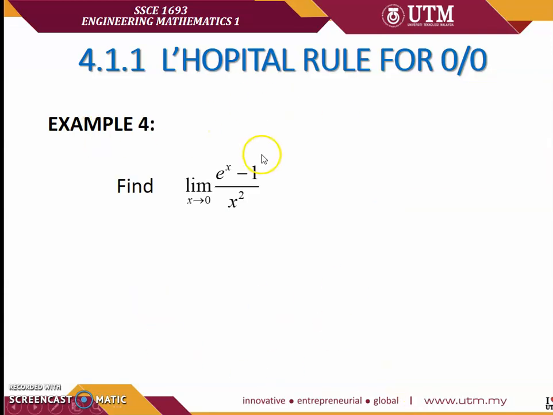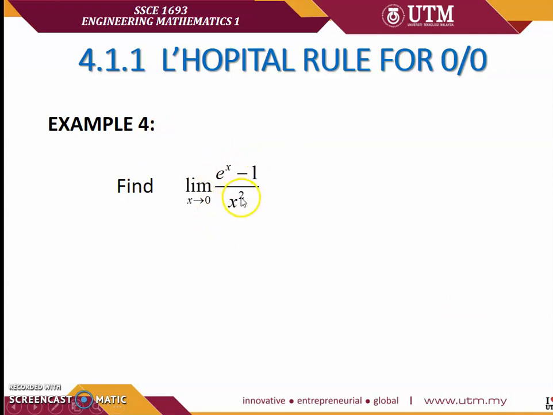Let's try example 4. We have the limit as x tends to 0, and the function f(x) is e to the x minus 1 over x squared. If we substitute 0, we get e to the 0 minus 1 over 0 squared. Using a calculator, e to the 0 is 1, so 1 minus 1 is 0.